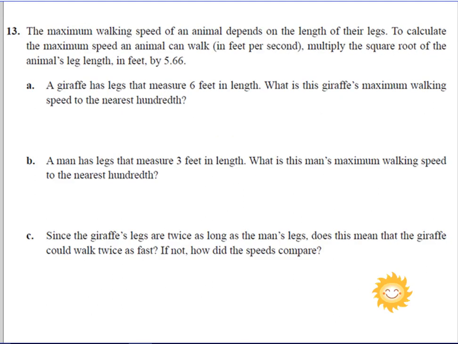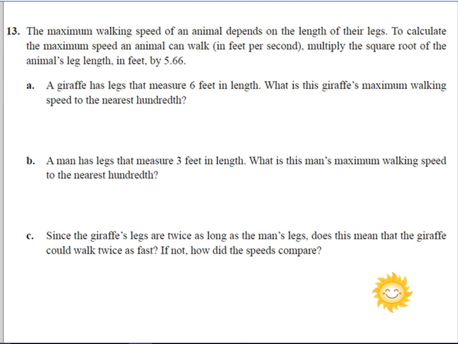And our last story problem, the maximum walking speed of an animal depends on the length of their legs. To calculate the maximum speed an animal can walk, which is in feet per second, multiply the square root of the animal's leg length by 5.66.